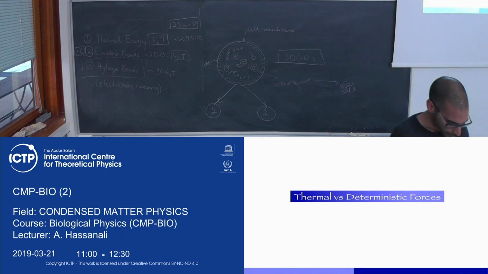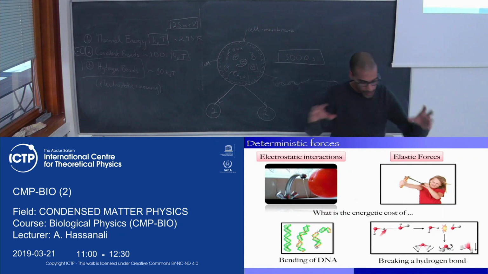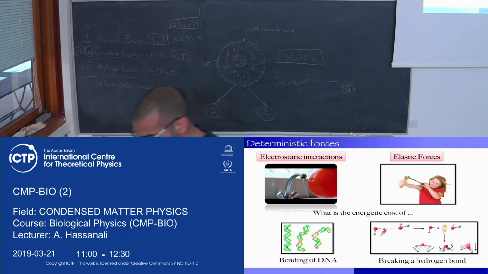Okay, so let's keep those things in mind. There are many, many different types of forces, interactions, forms of energy that we need to think about in terms of biological systems.